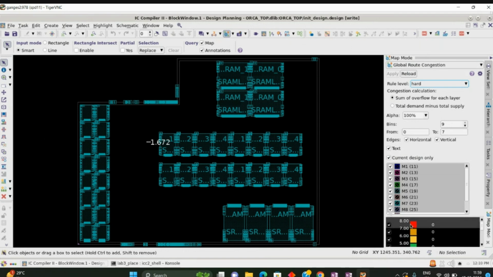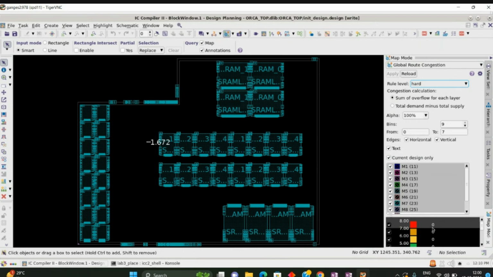Here I think it is giving the numbers. You don't have any congestion, guys, in your design. In the global route congestion, I kept the hard level. I just gave the reload. So here the numbers are showing. You don't have any congestion in your design.